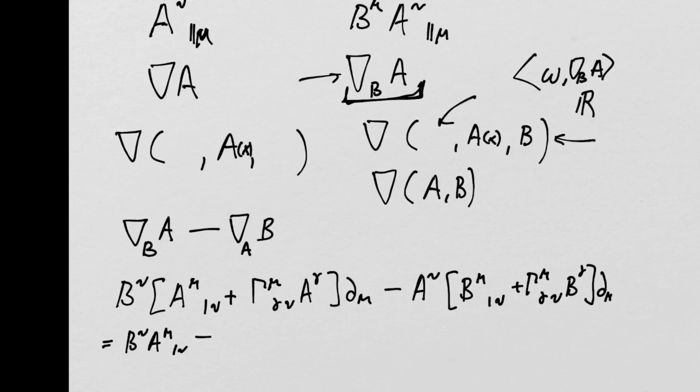So it's minus A nu B mu nu, like that. And then we'll add the first term on the left side, B nu gamma mu gamma nu, and I'm going to pull out these guys for now. They're both the same, the partial mu's of the vector basis. I'll pull that out.